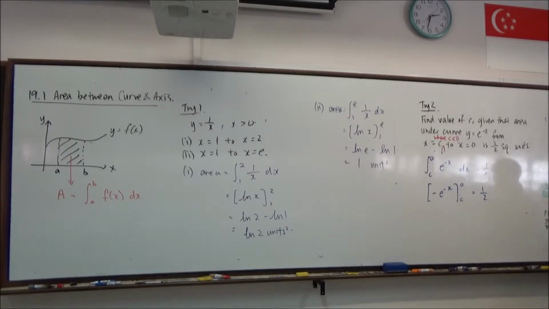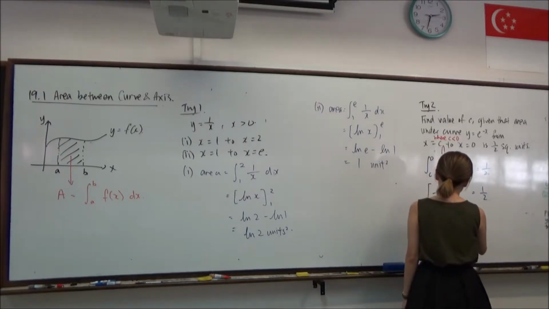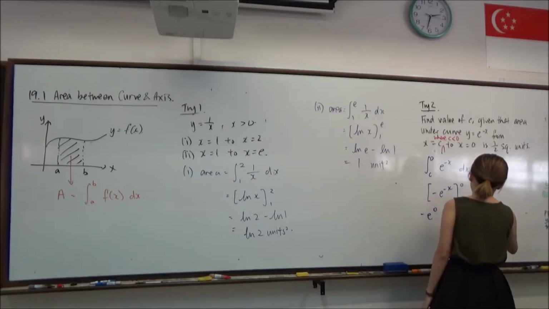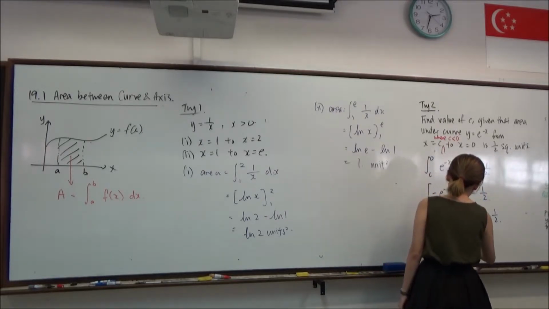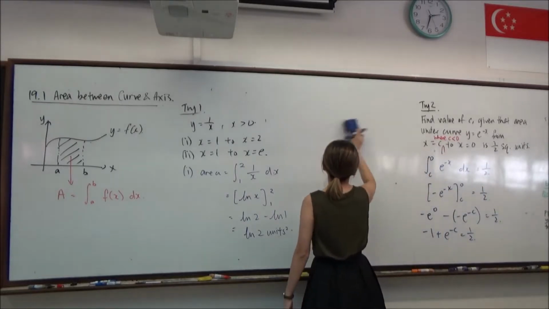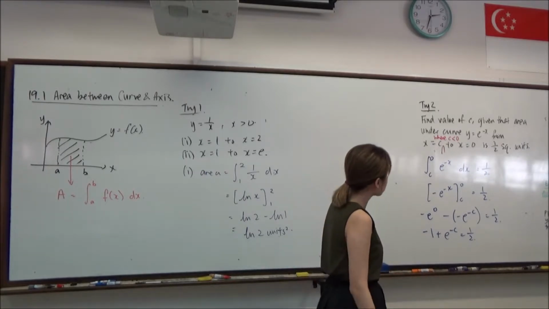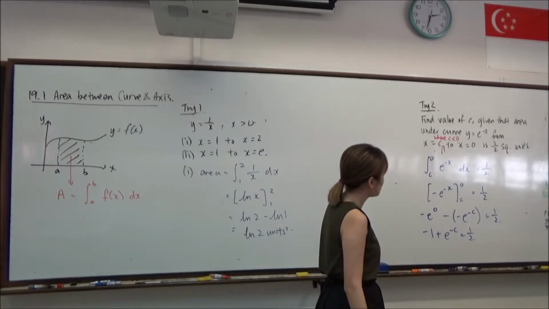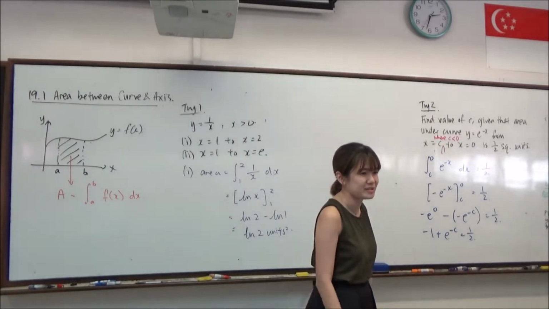So integrating the exponential function, you will get negative e to the power negative x from C to 0. The question says square units, so there's a normal way of writing square units.